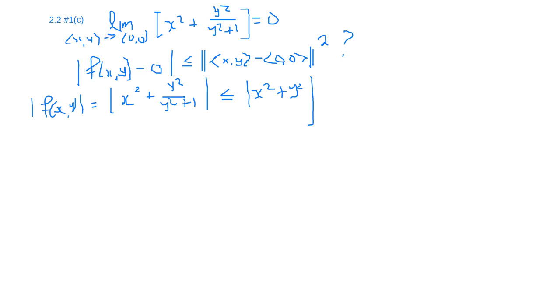Because if you look at the expression here, let's get some color going here. You can see that the denominator is clearly greater than the numerator. In other words, that is a fraction of x squared plus y squared, actually, that's what it means.